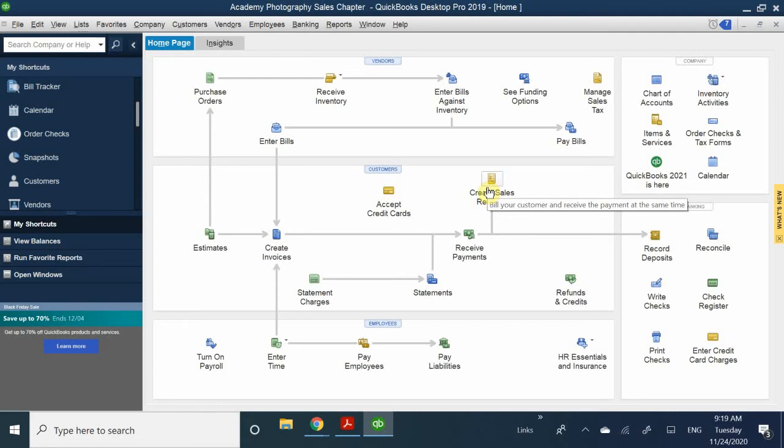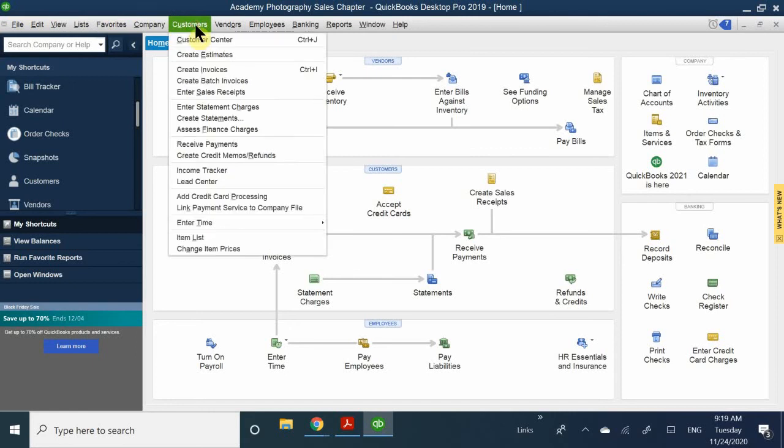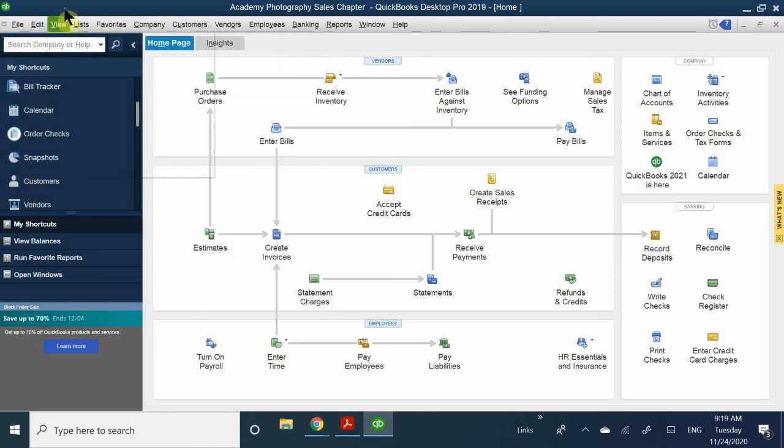Second way you could do it is you could go up to the menu bar under customers, and you have enter sales receipts. For the icon bar, as we saw in the income tracker, you can either go to the income tracker or you can go to the customer center and do the transactions there.